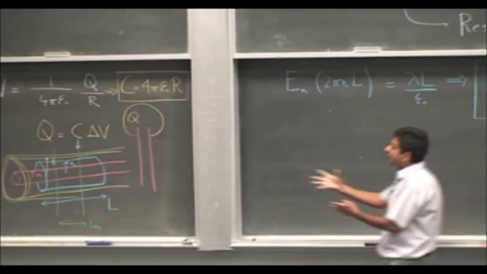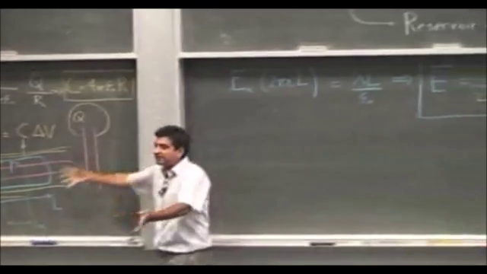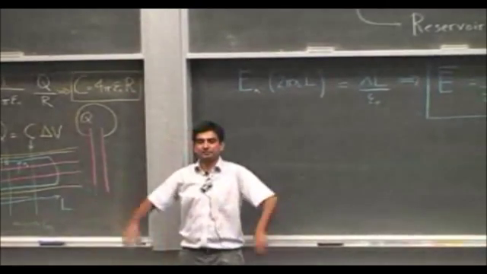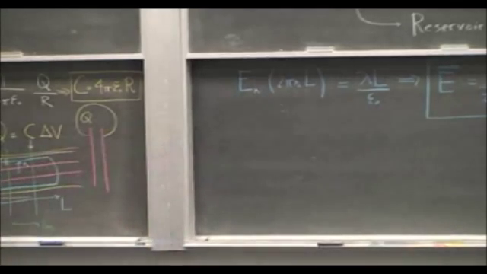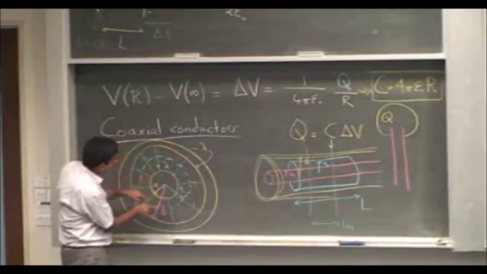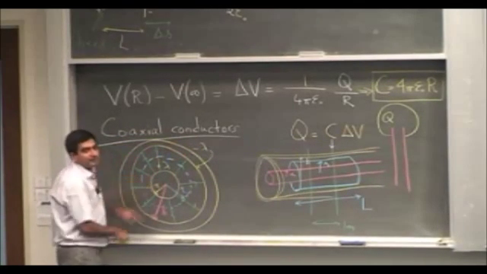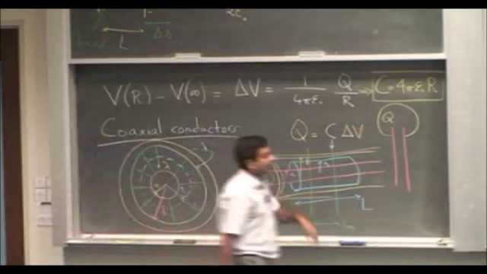Now I would like to find the capacitance of this wire, of this cable. Okay, now how do I find the capacitance? I would need to find out the potential difference between these points. As I go from A to B, what's the potential difference that I accrue?